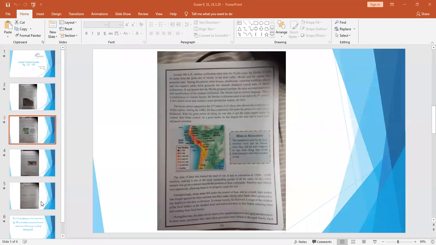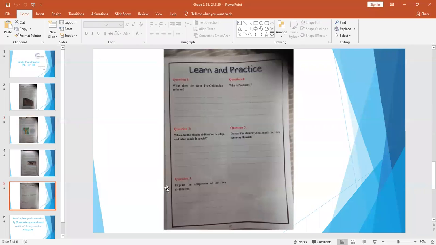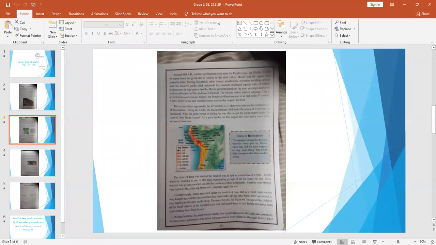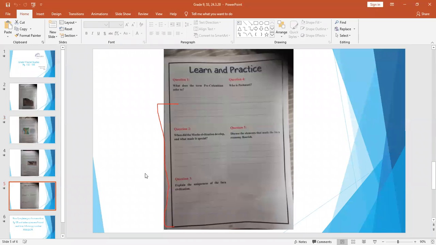The next question asks us, explain the uniqueness of the Inca civilization. What was special about the Inca civilization? And here on this page as well, we could find that information in these paragraphs. What made the Inca civilization unique? What was unique about it?